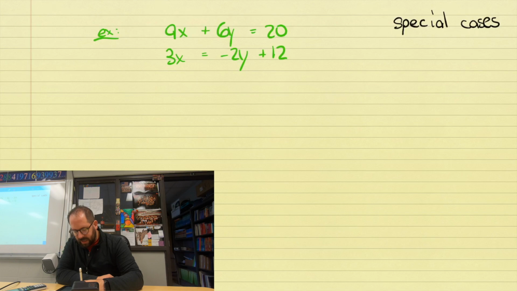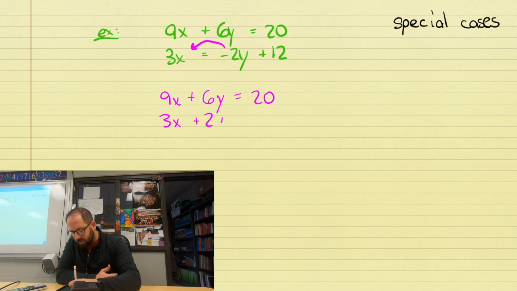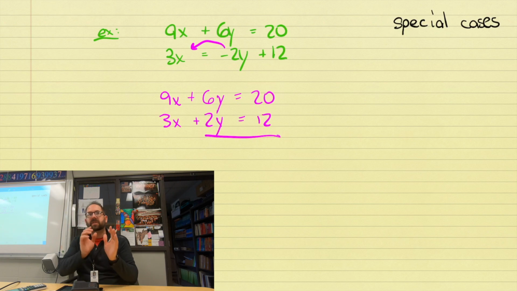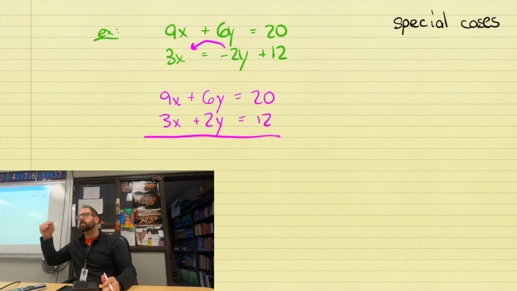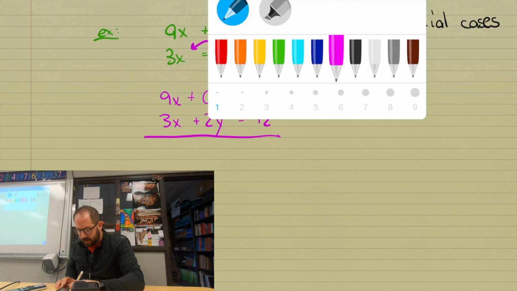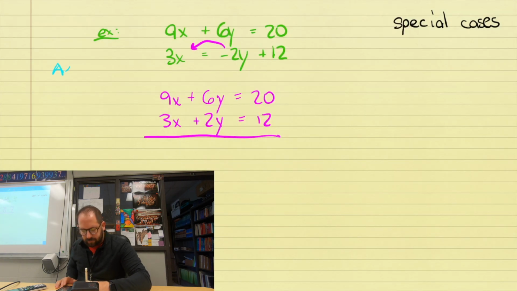The top equation I'm going to leave alone. That's already in the right form. But the bottom equation, I'm going to move that negative 2y over and make it a positive 2y when it moves across the equal sign. Now it's in the right form, right? It's stacked. X's, Y's, equal signs, numbers. It's standard form, that's what they call it. Standard form always looks like this. It's ax plus by equals c.